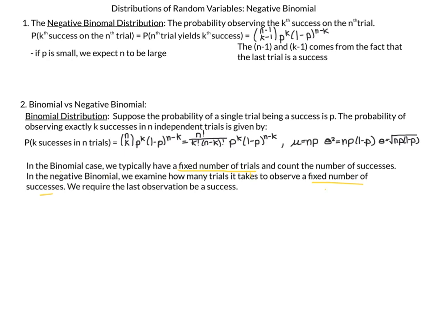Negative binomial, we fix the number of successes. Over here, binomial, if you fix the number of trials, then you're counting the successes. In negative binomial, if you fix the number of successes, you're counting how many trials. That seems straightforward enough, but sometimes with the problems, you really have to give it some thought. So let's do an example.